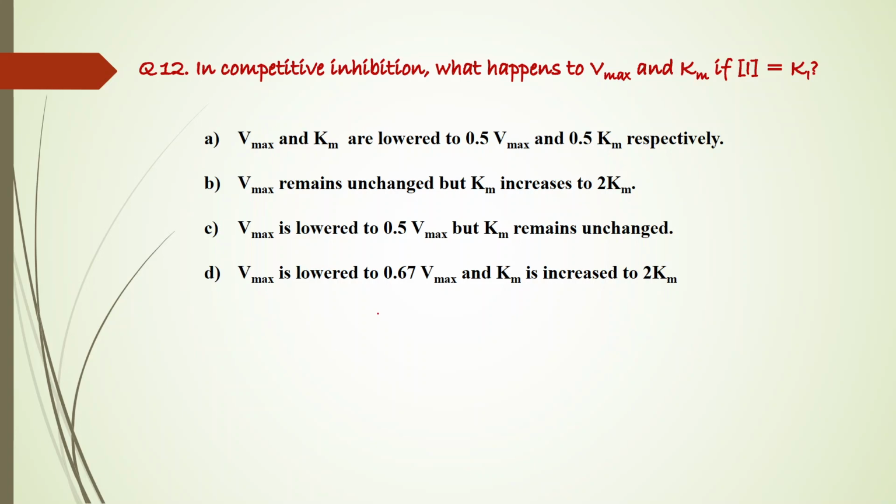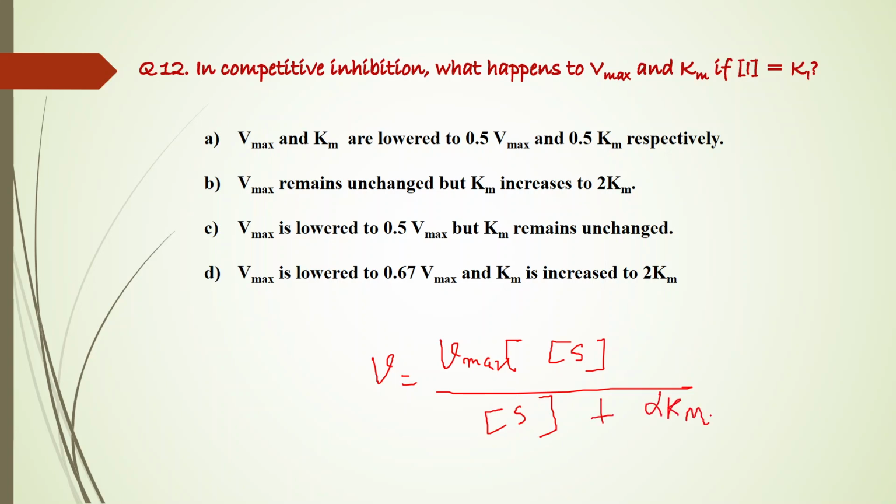I can write down the equation here as well. That is the equation for your competitive inhibition. Please try to find out what would happen to Vmax.